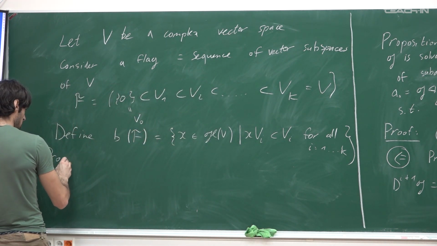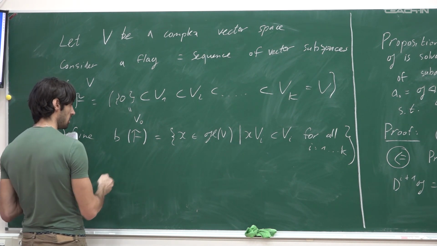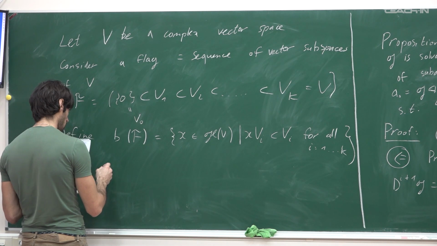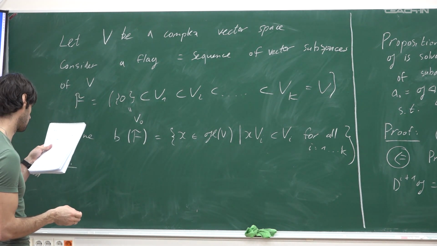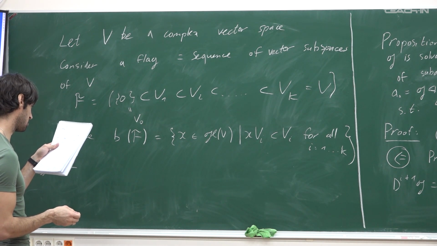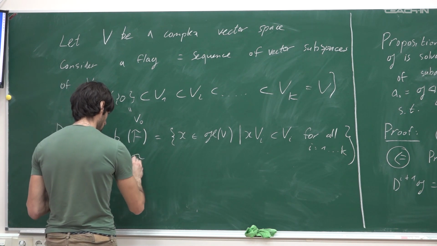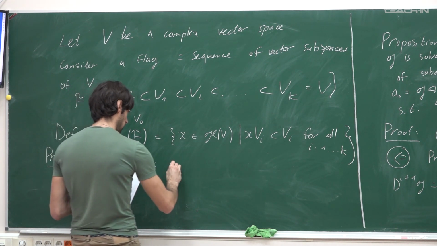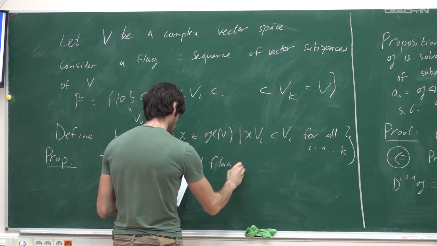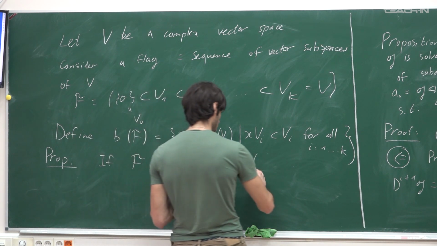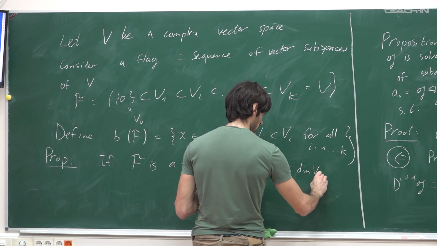So the proposition is that if I take my flag to be a complete flag, or full flag, let's fix the term full. So if F is a full flag, which means the dimension of V_i is i.